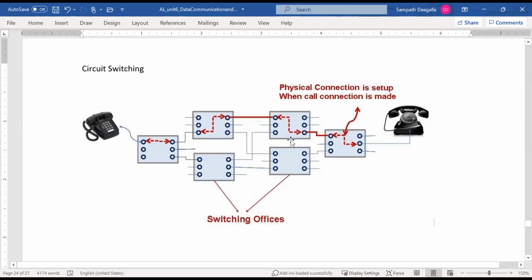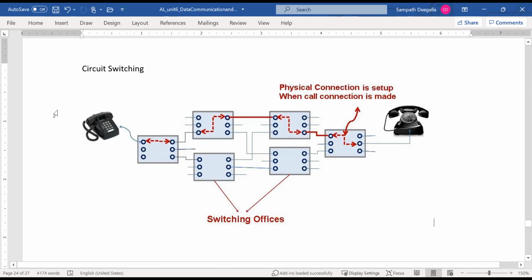These are called circuits. We have switching offices. Early days in the telephones, they were manually connected to make the hard connection. So everything is connected with physical wire, and then this is called an exchange, and then this is the host.